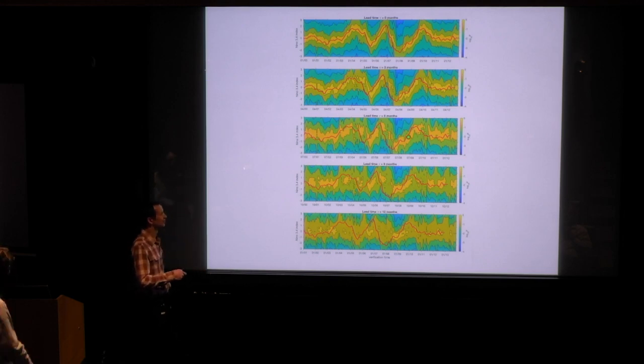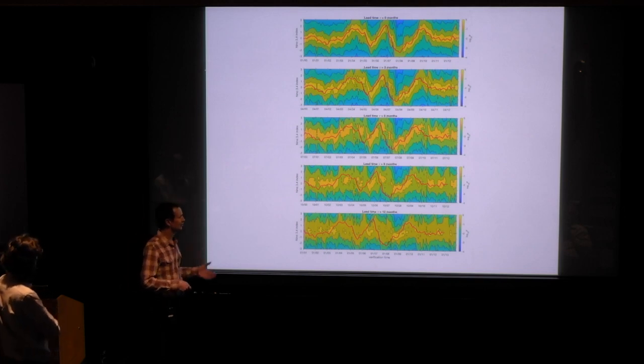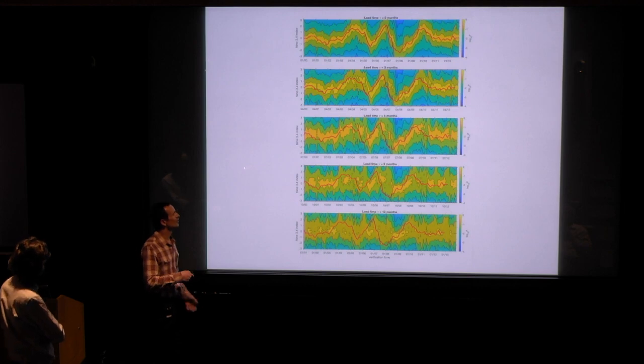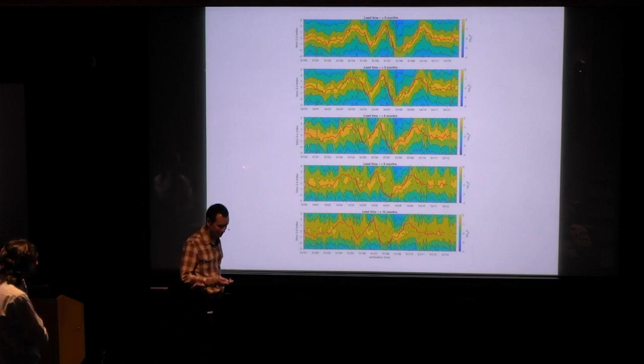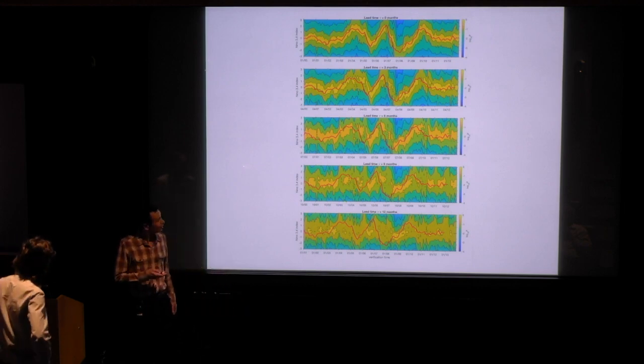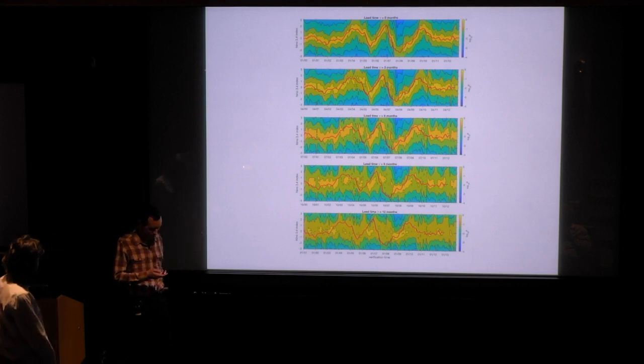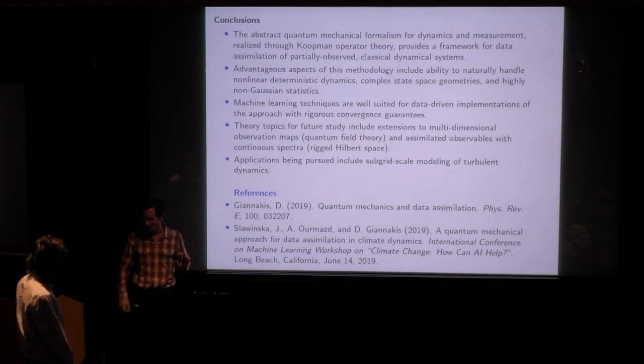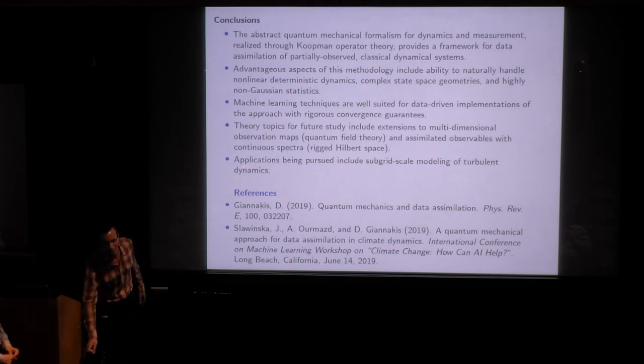These probability distributions become broader and broader until eventually, at some point, predictability is lost. But it seems to be working, at least in these preliminary results, in a reasonably good manner, providing a meaningful representation of uncertainty. So I'll leave these conclusion slides here, and thank you very much.